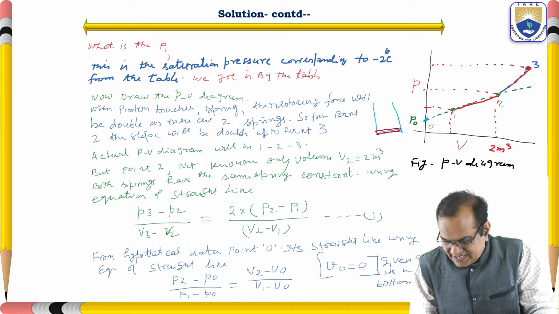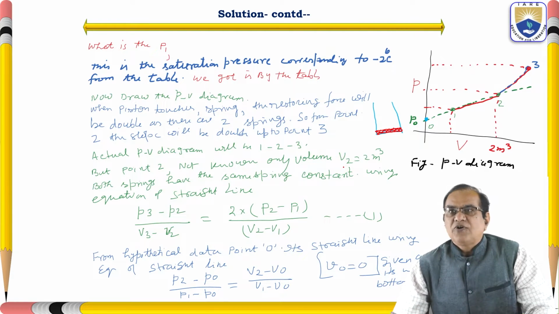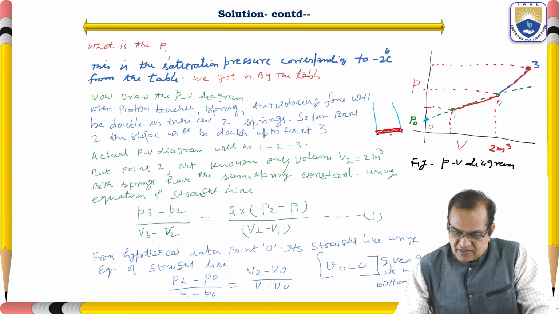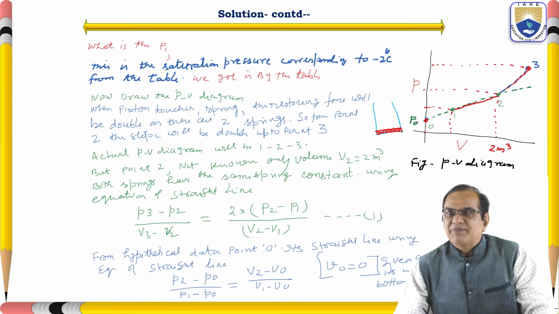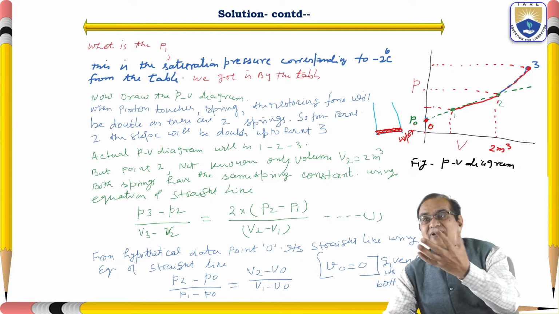First, it is a hypothetical case, and in this case you don't have any volume. So here volume is 0, and here is atmospheric pressure, it is given. So we have this 0 point, and it is a hypothetical point, just to make our problem easy.